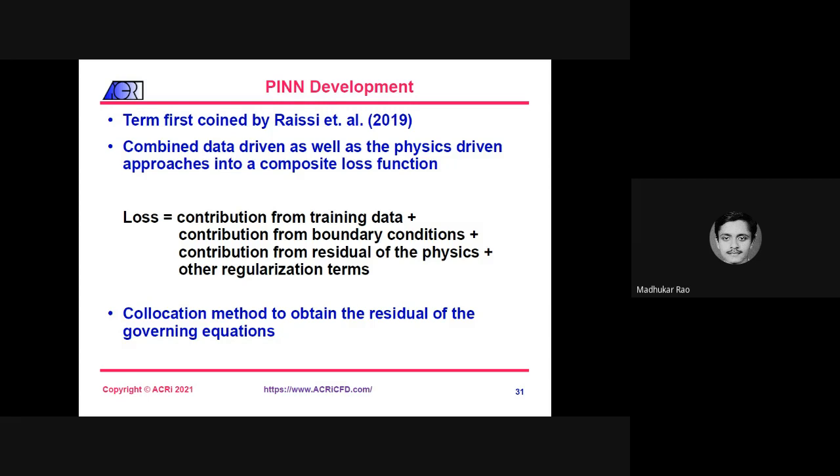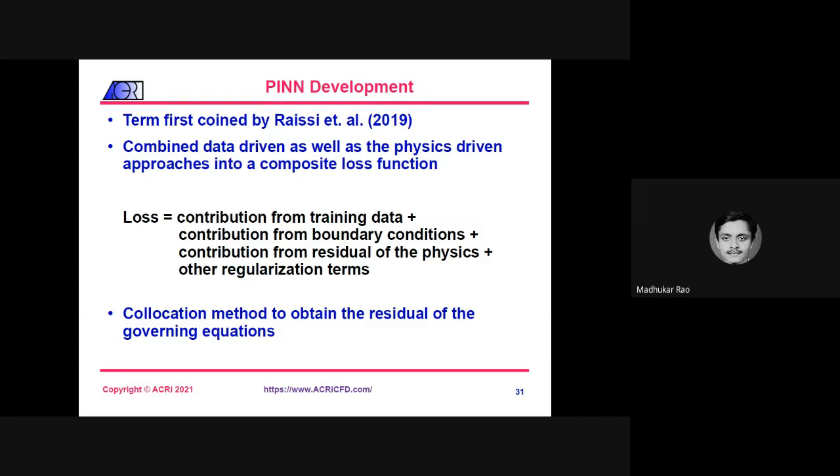Now this is different from the procedure adopted by Lagaris, which I showed you in the previous couple of slides. There he splits the solution of the governing equations into a particular solution and a general, homogeneous part. The homogeneous part is output by a neural network and satisfies the governing equation. The particular part always satisfies the boundary conditions exactly.